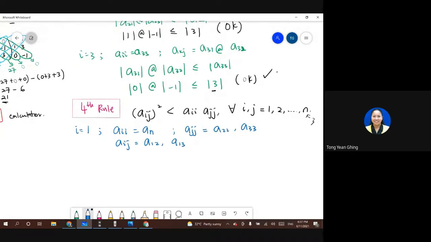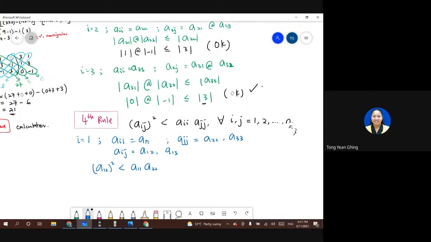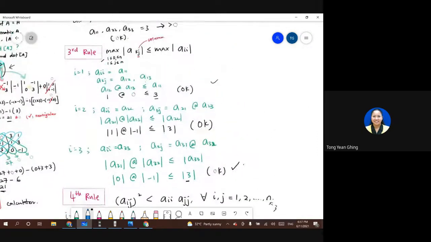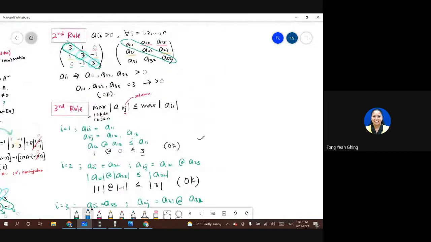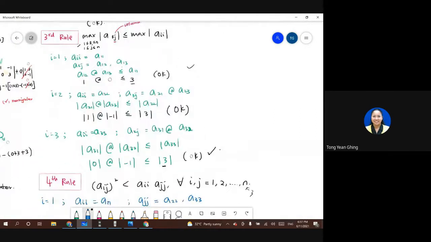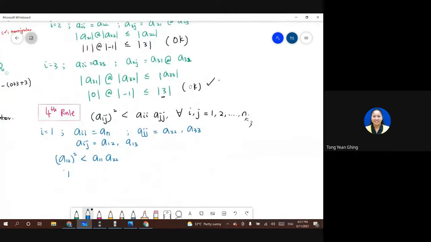So I will check whether for the first one, A12 squared is smaller than A11 times A22. A12 is this value, 1. So 1 squared is smaller than 3 times 3.